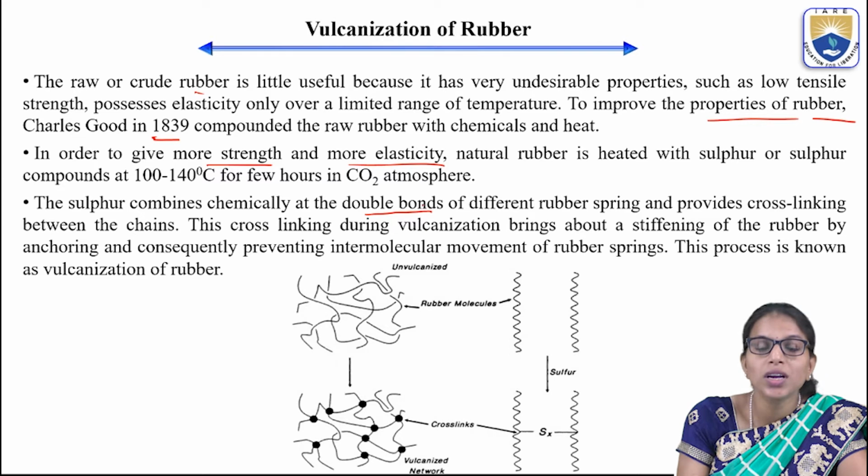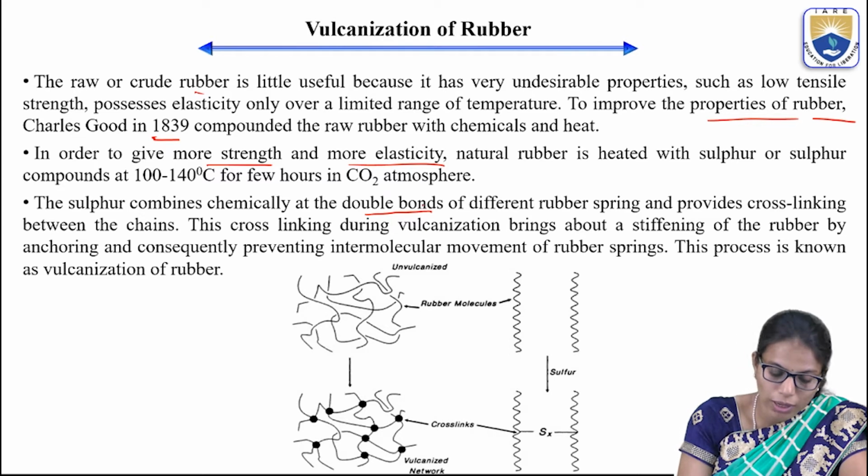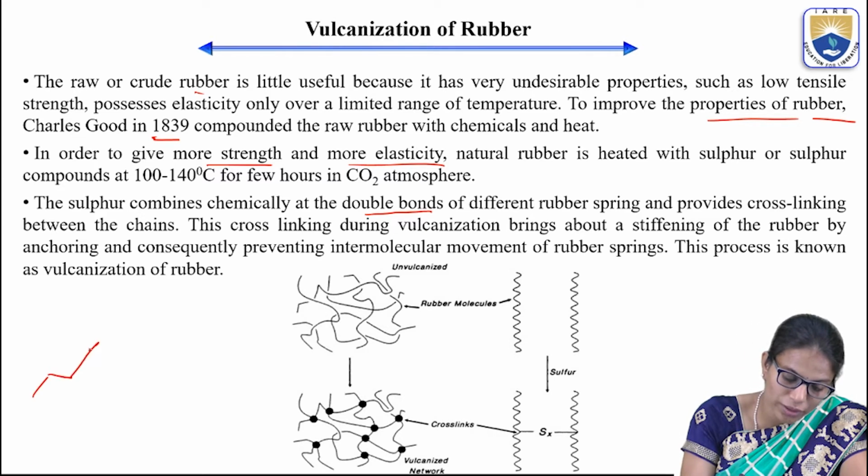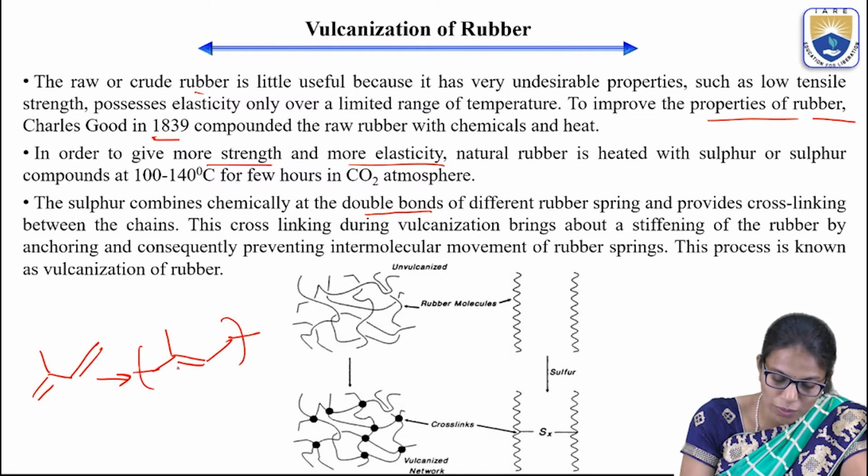Here we have to know the double bond, like in the isoprene. This is the isoprene. Whenever it forms rubber, it is like that. This is the trans form, gutta percha, and if we speak about the cis form, it will be like that.